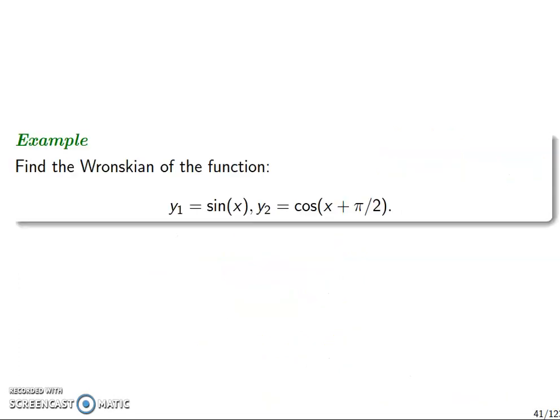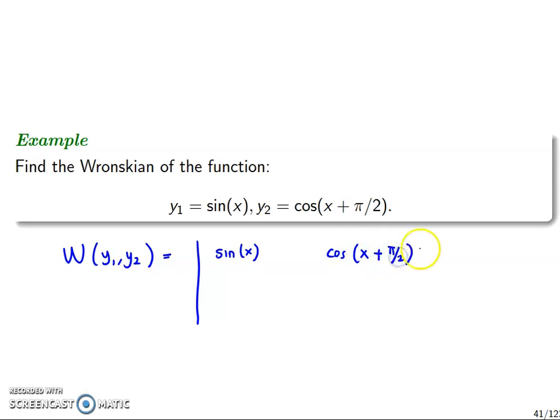Let's look at one more example. Find the Wronskian of these functions. You have y1, y2, where the first column is sine x, the second column is cos x. The derivative of sine x gives cos x, and the derivative of cos x gives negative sine x plus pi over 2.